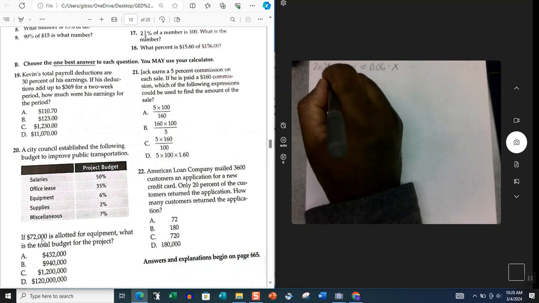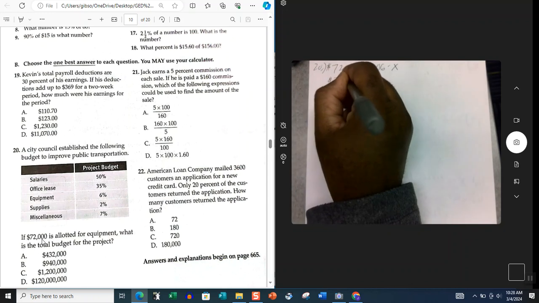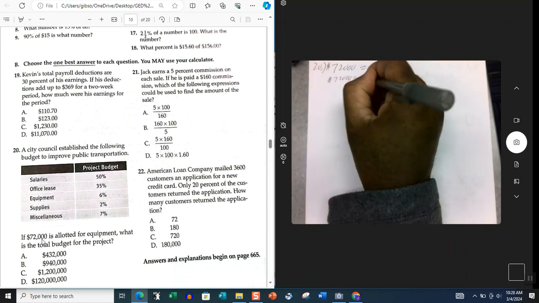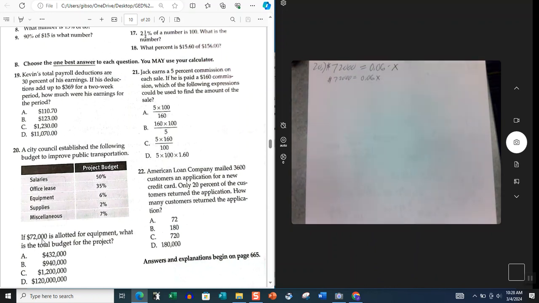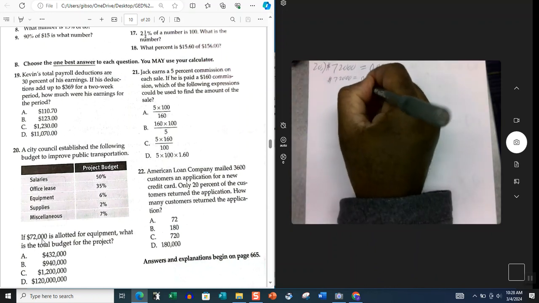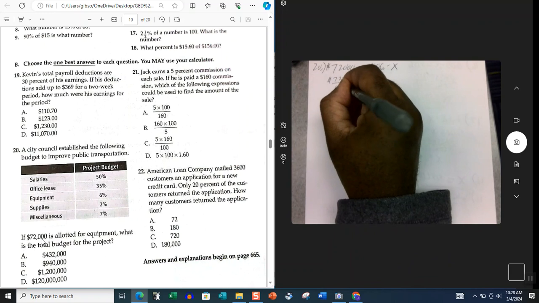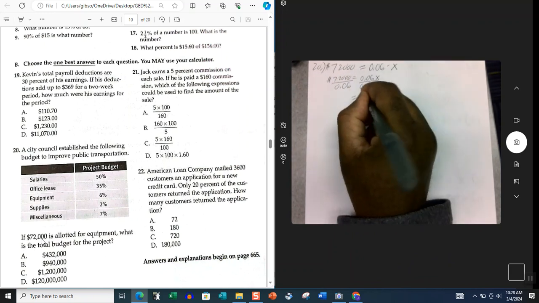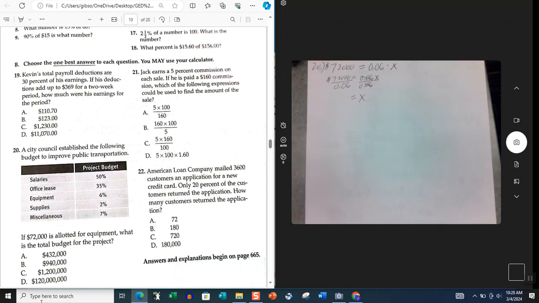So now we would solve it. We have 72,000 is equal to 0.06x. We divide each side by 0.06, and that equals x. Now we can use a calculator here.